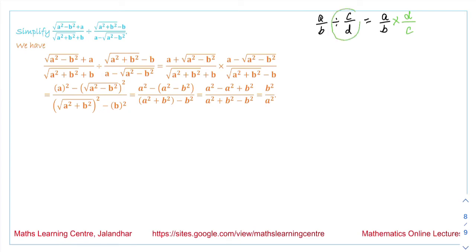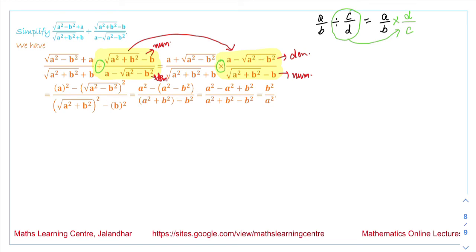So the first step is that division is changed to multiplication, and the numerator and denominator are interchanged.